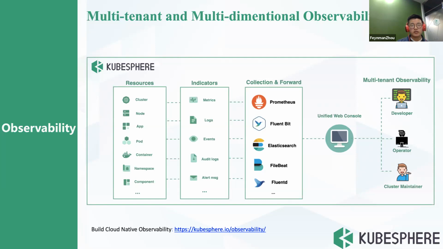The observability system is backed by popular open source solutions: Prometheus, Fluent Bit, Elasticsearch, and Fluentd. With the KubeSphere observability system, different users can leverage them to get the data sources and the metrics they want.